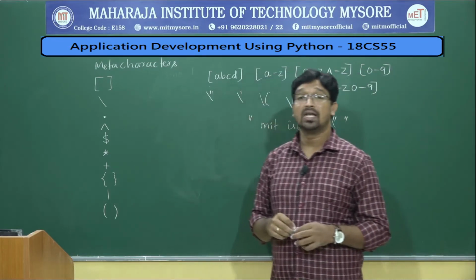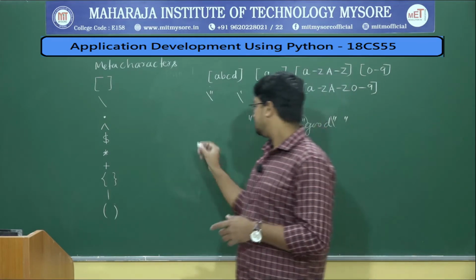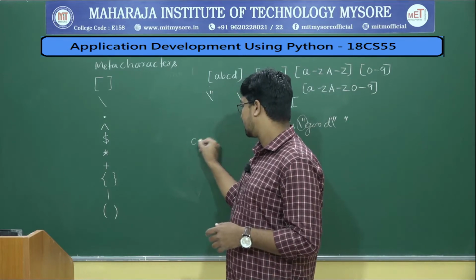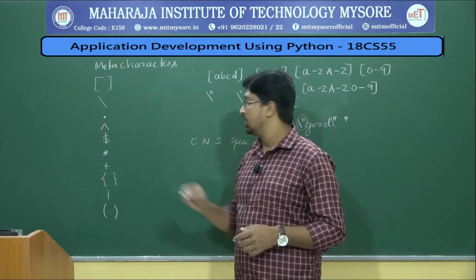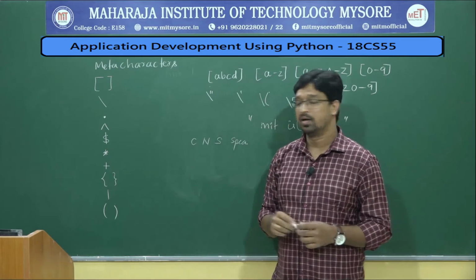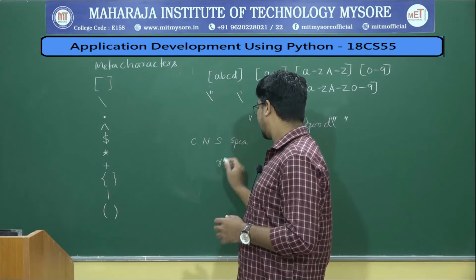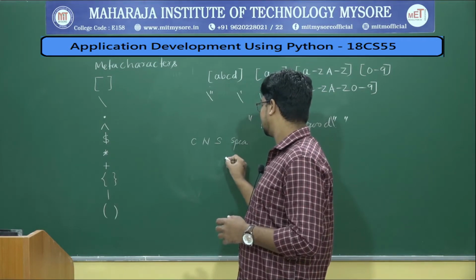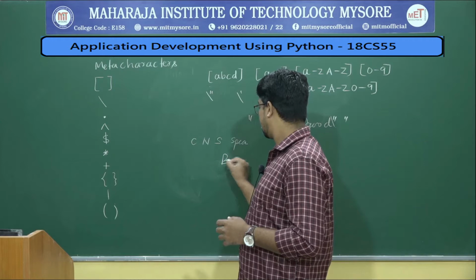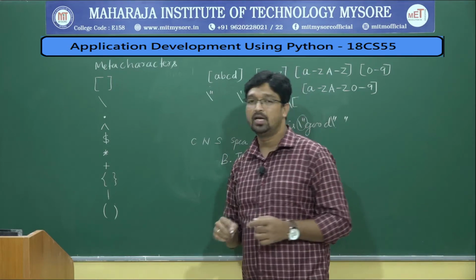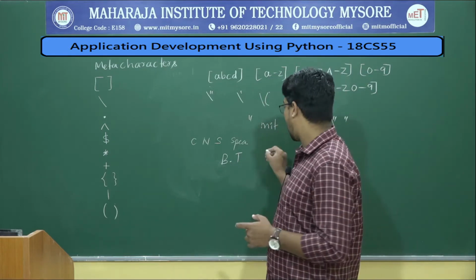Then dot indicates it will match any character. It will match characters, numbers, space, or special characters. So everything will be matched using the dot symbol. Let us write b.t. If I write b.t, the dot will match any character.